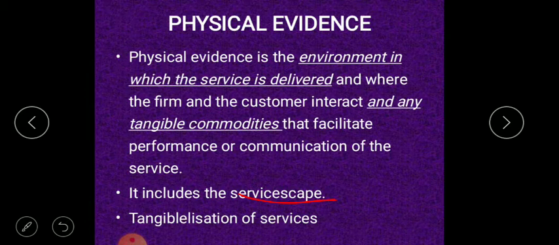Based upon that expectation only, you will decide which dhaba you will go to and have your food. That is why physical evidence is very important, because looking at the physical evidence, people take a decision whether to purchase the service or not, and whether to recommend it to other people or not. This is very important, especially these days where COVID-19 is there.